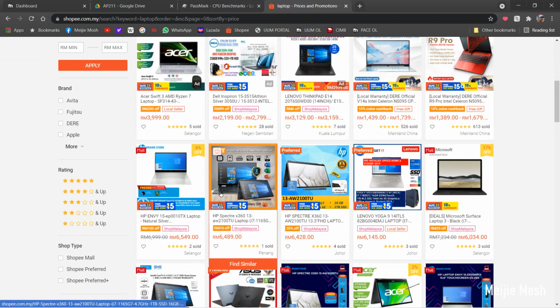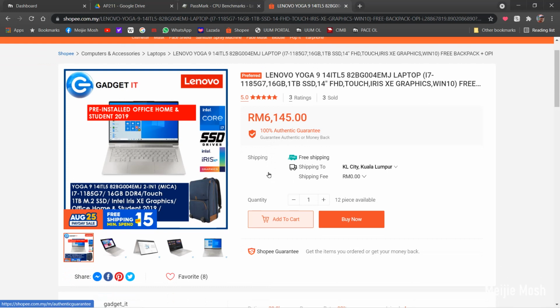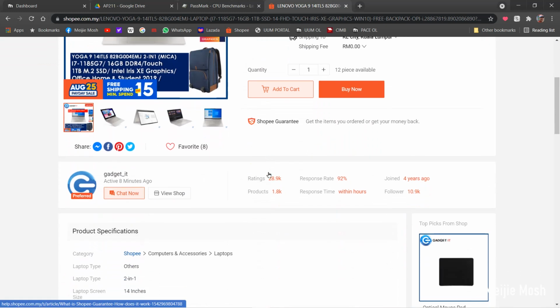Let's see the price of the Lenovo Yoga. Is it worth buying or not? This Lenovo Yoga 9 is 6,145.